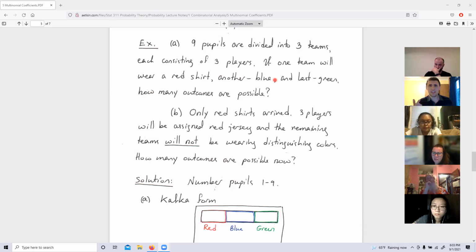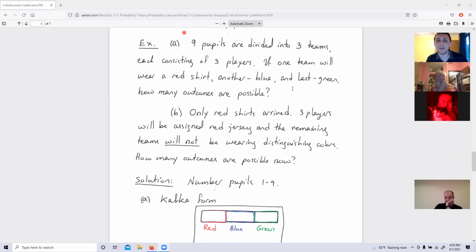I can look at it and I think, okay, you decided to take the green and blue team and merge them into one super team of 6 players. That's not what I said. There are 3, 3, and 3, right? Teams. It's just some of them do not get a jersey. Right?